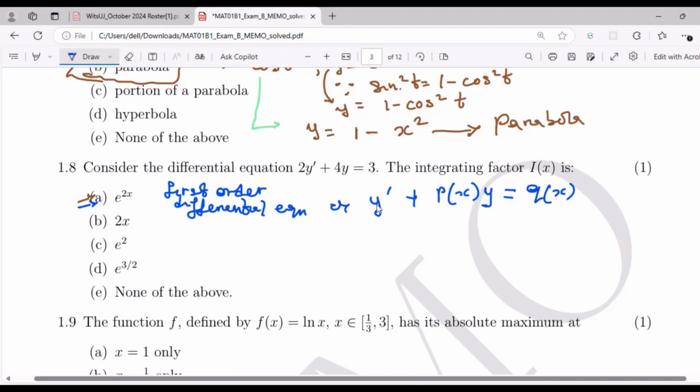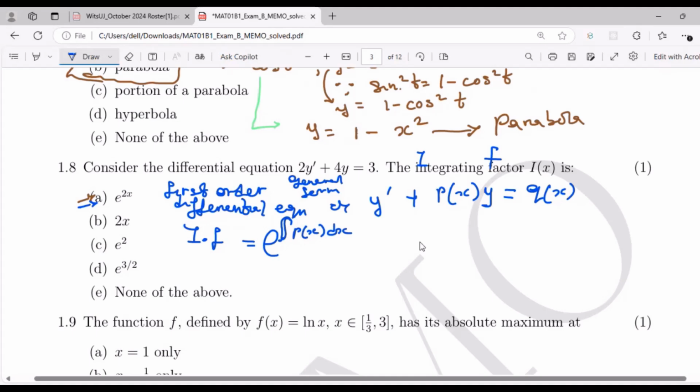So if we are to relate this general form of a first order differential equation, you should also know that the integrating factor, IF, is short for integrating factor. The integrating factor is exponential of the integral of p of x dx.